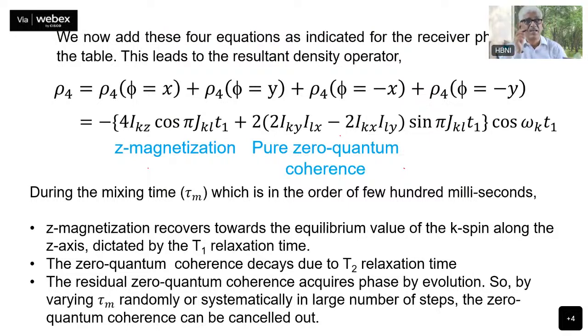Then, for the same period of T1, the zero quantum coherence can be cancelled out. This is the trick one uses to eliminate zero quantum. Usually this is not a problem in large molecules, because the T2 relaxation time is very small, even for the zero quantum coherences. Therefore, during the mixing period, it will automatically get eliminated.